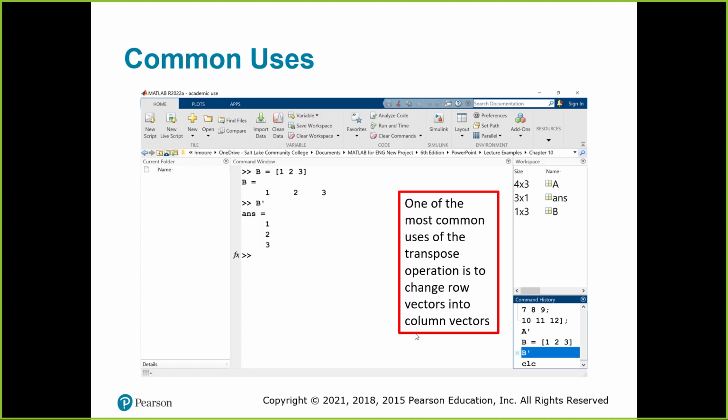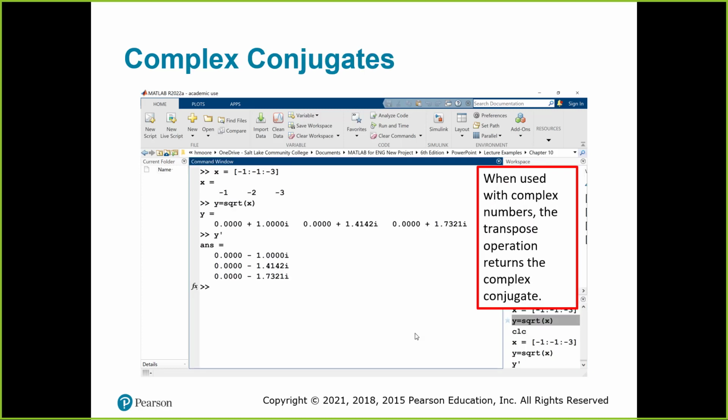So transpose is a pretty common function that we use. When you use a transpose on complex numbers, you get the complex conjugate. So this row of imaginary numbers gets complex conjugated in a column vector form.